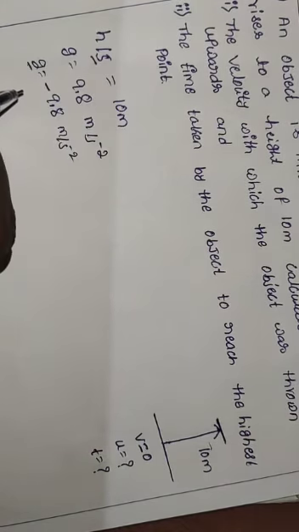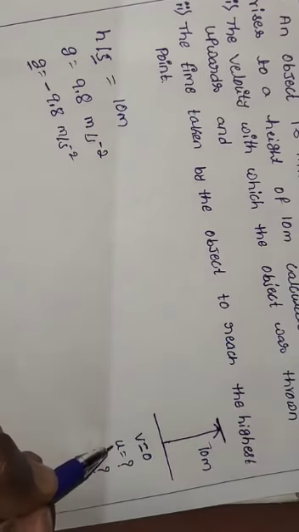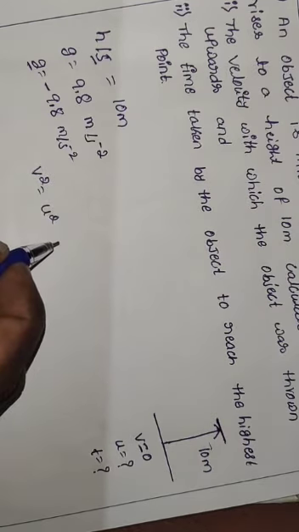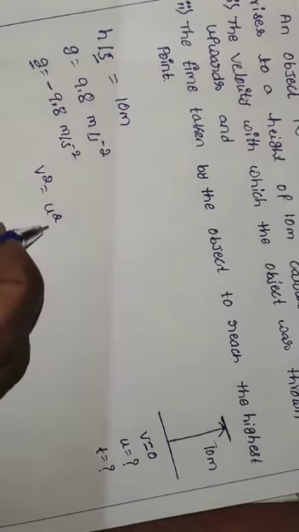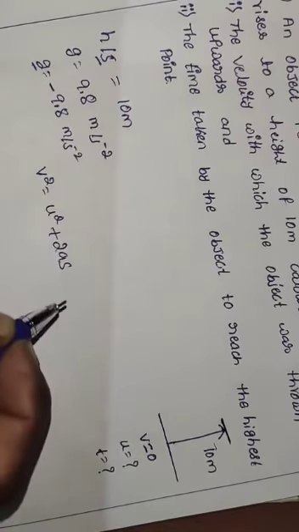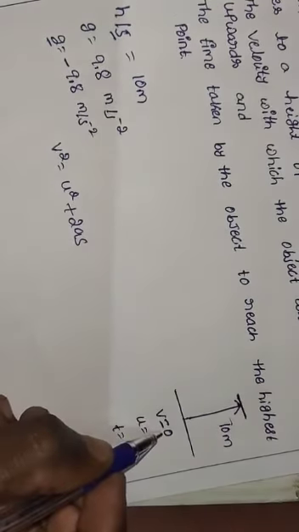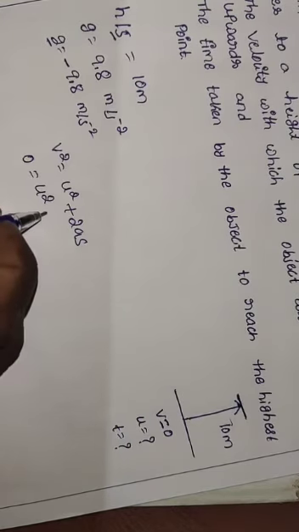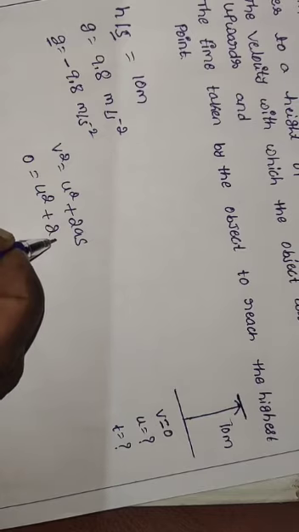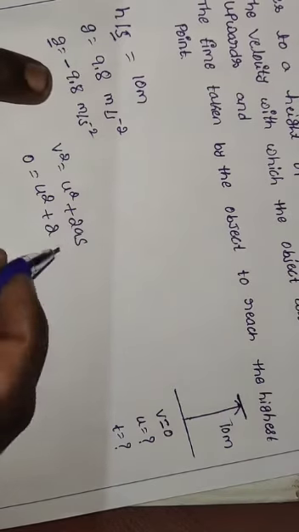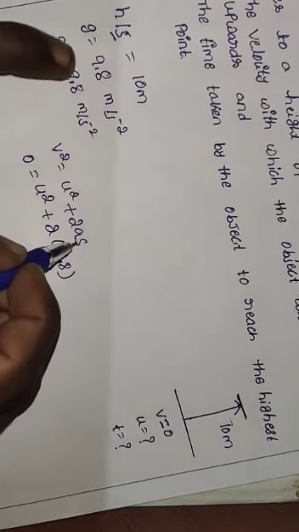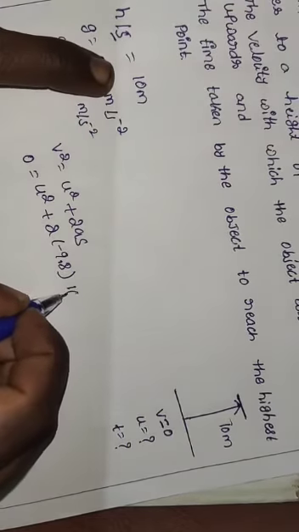Now we have to find the initial velocity. We have one formula: v square is equal to u square plus 2as. Here the final velocity is 0, and we have to find u. So 0 is equal to u square plus 2 into the acceleration a, which is g, minus 9.8, and s is the height, 10 meters.